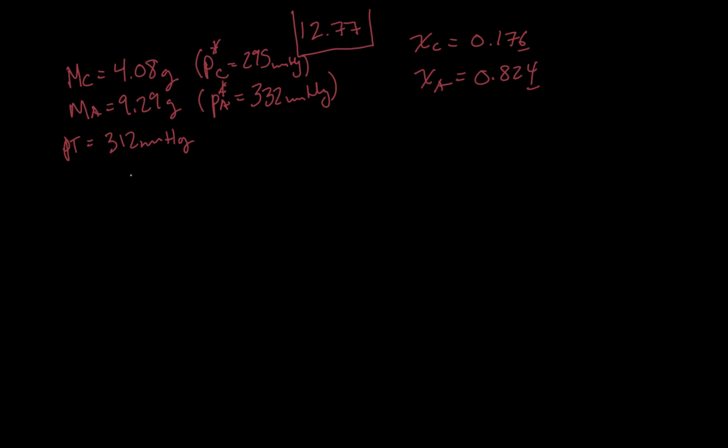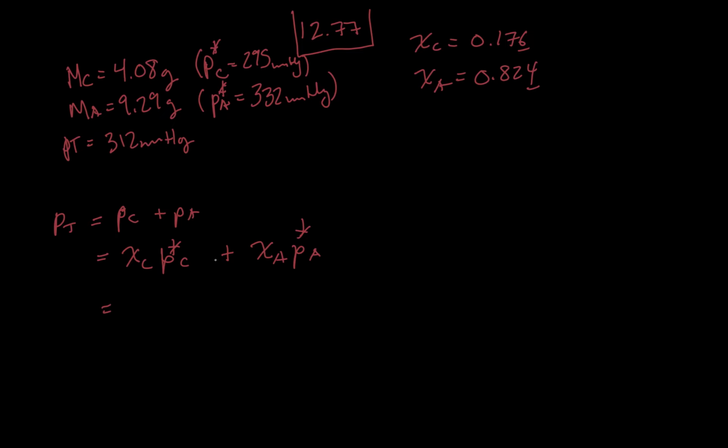Okay, and let's calculate some pressures. You could do these separately if you'd like; there's no reason why not to. I'm not going to do so. The total is equal to the sum of your partial pressures, so the partial of chloroform and the partial of acetone. This is equal to your mole fraction of chloroform times the vapor pressure of pure chloroform, plus the mole fraction of acetone times the vapor pressure of pure acetone.